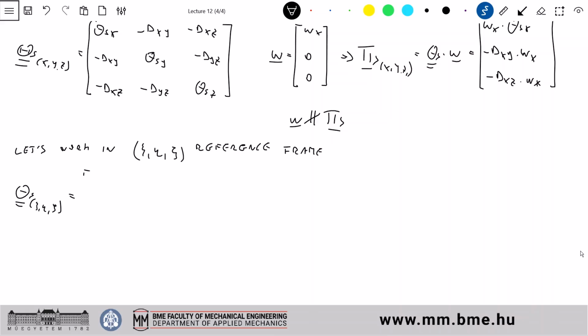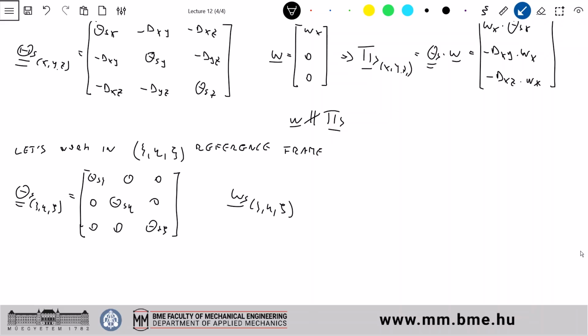So theta s will be given by theta s psi, 0, 0, then 0, theta s eta, 0, and 0, 0, theta s zeta. Now let's write omega s in the psi, eta, zeta reference frame. Maybe it is useful to draw this.